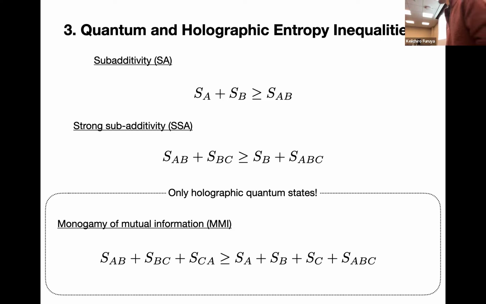I have a generic question. Suppose this S is a function of a set. If somebody gives me a function of a set that satisfies a bunch of inequalities, are there enough properties that I can say this is the entropy of some theory? Oh, I see.